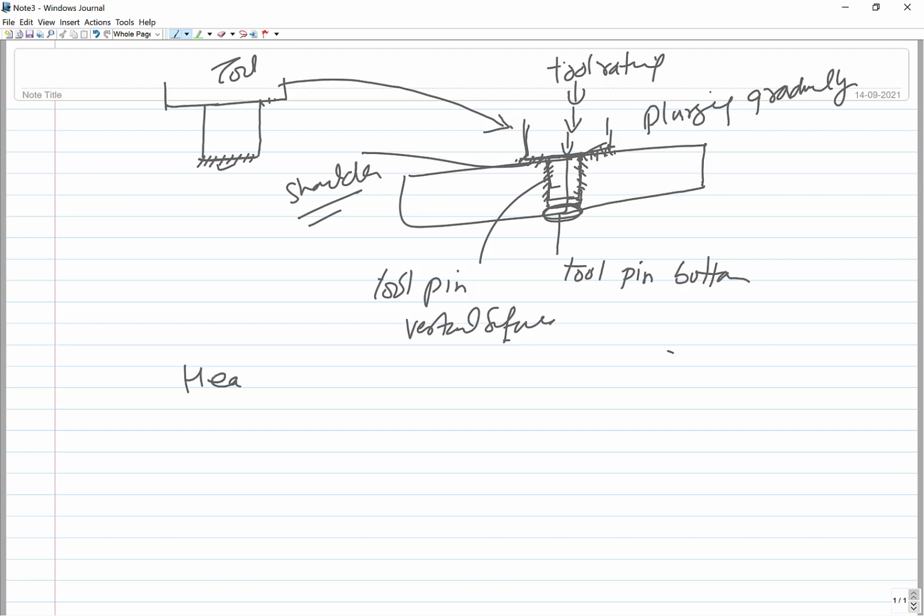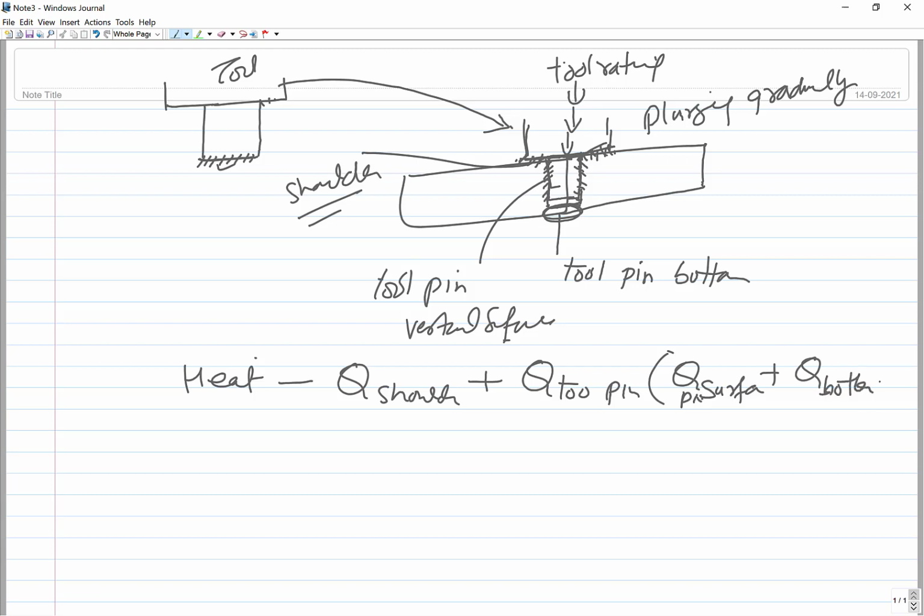So heat is being generated by the shoulder, and heat is being generated by the tool pin. The tool pin has two components: one is the surface of the pin, plus the bottom of the pin.